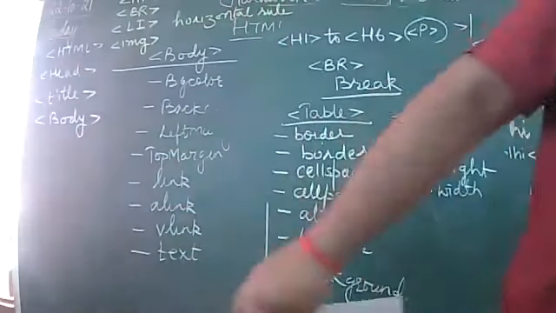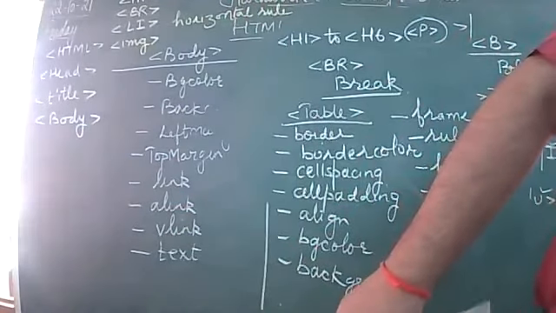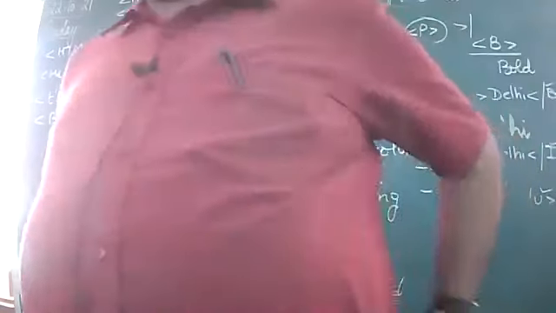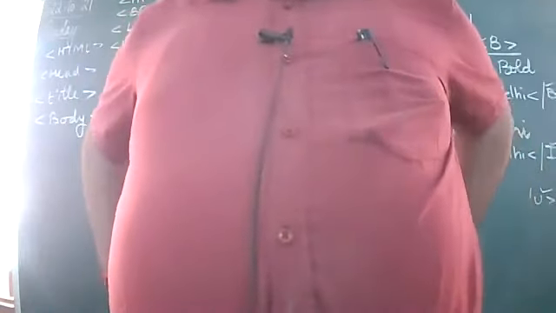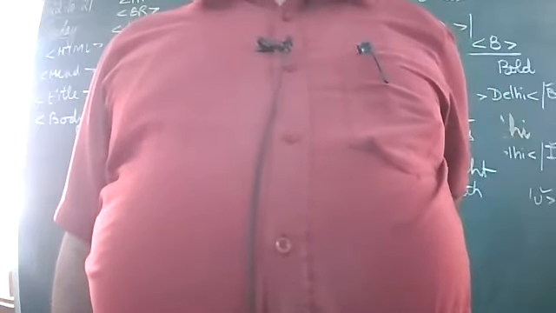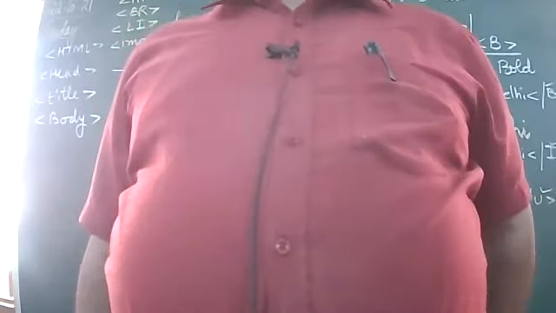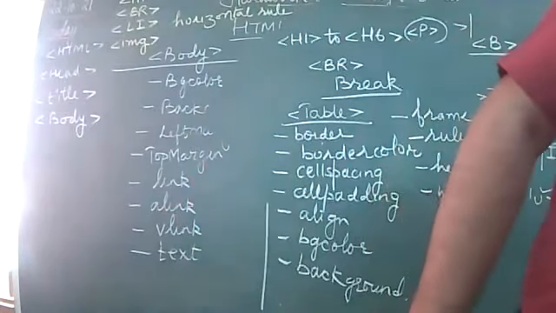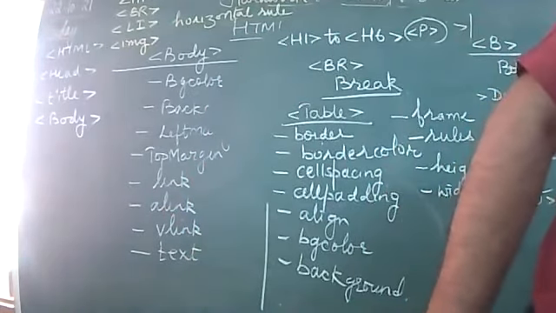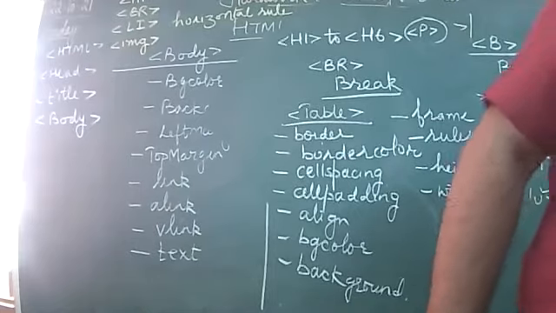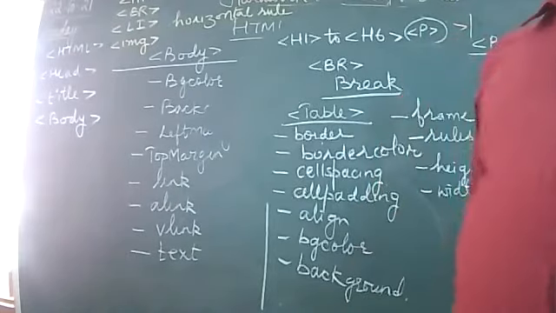Next is to change the font style and color. Dash tag is used. Font tag. Don't raise the hand. I will make the child stand myself. Put your hand down. Nobody will raise the hand. To change the background color of the page, dash attribute of body tag is used.